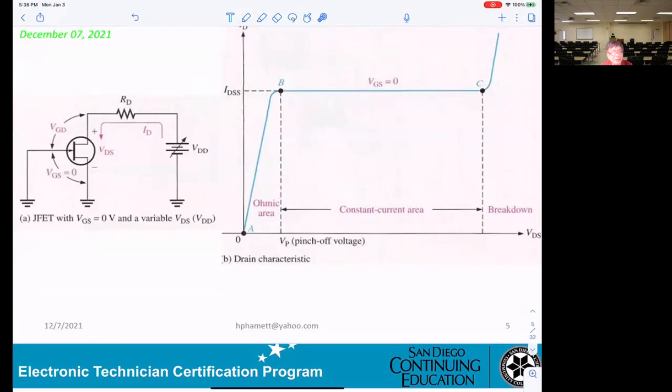And that value will be equal to IDSS. So what is IDSS? What is the IDSS? That's the question. How can you answer that question? Okay, you have to tell me. What is the IDSS?